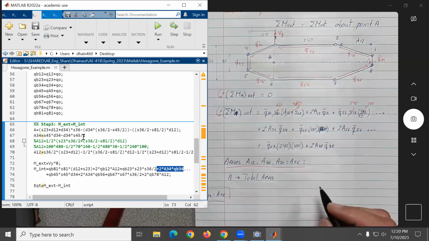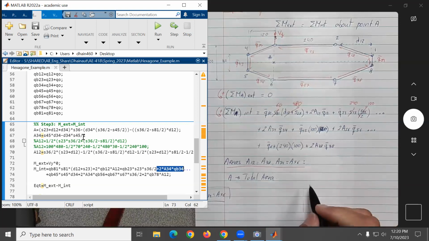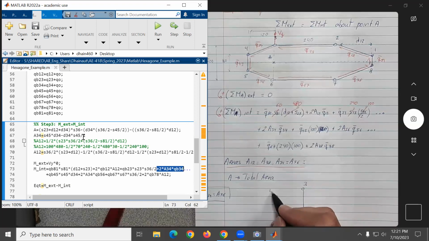So let's plot it. So let's say this is our point A. I might just do half of the figure. So this would be 3. Oops, maybe I should put 4, no? 1, 2, 3, 4, 8. 1. It doesn't matter what I'm doing here. Okay. So this will be 3. Here is 4.